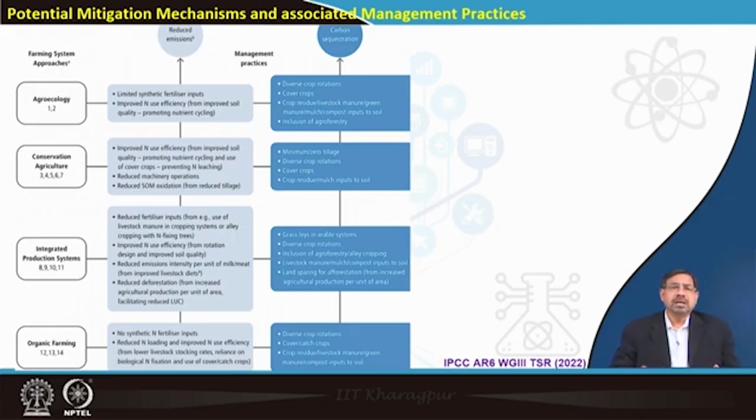No synthetic nitrogen fertilizer inputs will lead to reduced emission. In parallel, diverse crop rotation will lead to more carbon sequestration. Reduction in nitrogen loading improves the nitrogen use efficiency or NUE, whereas crop residues, livestock manure and all these things contribute towards carbon sequestration efforts.